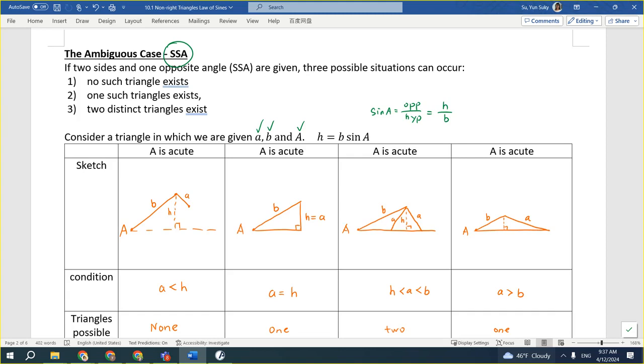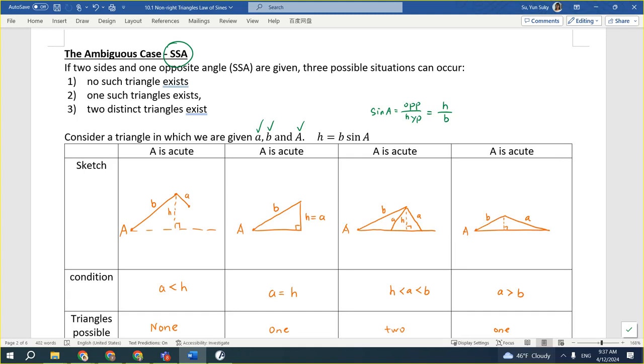And then the last one: if A is longer than B, then it must be here. It cannot be there. Why? Because if this A is here, oh my God, your angle A is not acute. It is actually an obtuse angle, right? So that's why your side A must be on the right, cannot be on the left.